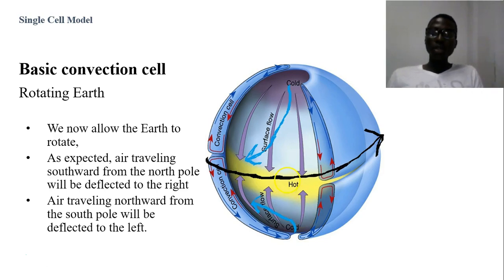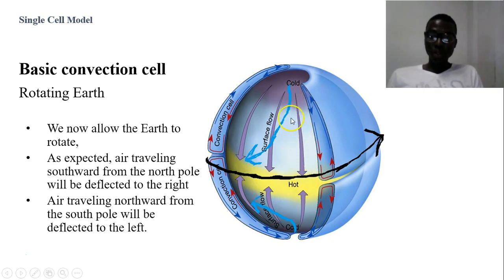To really understand this, think of a plane flying from a city at the North Pole towards a city directly south of it, near the equator. Without the Coriolis effect, the plane would fly straight along its intended path.